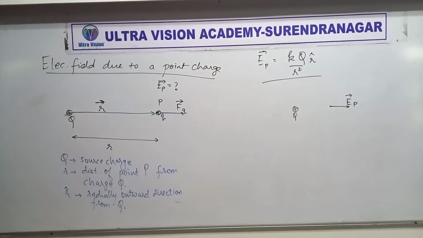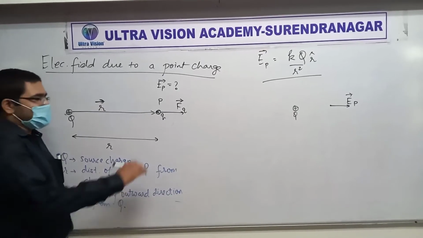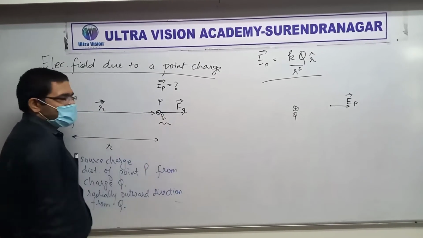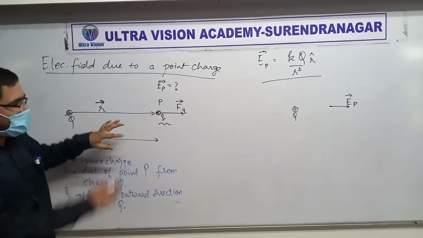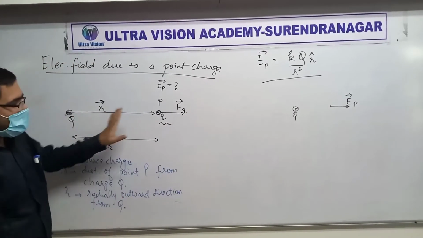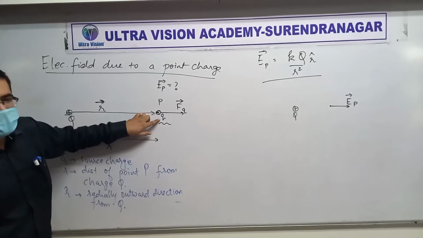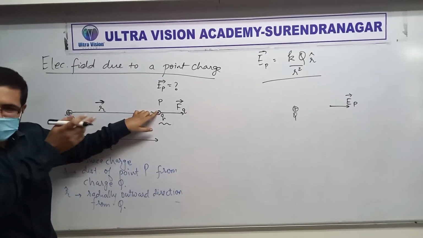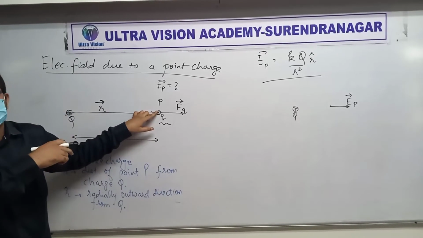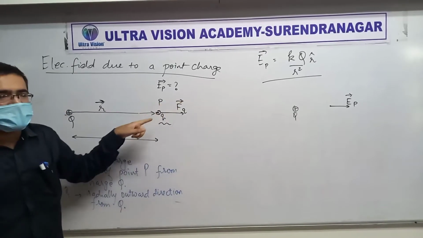I can give you one more explanation. Do you realize that we took test charge positive? So this is a positive charge which is placed inside this electric field. So for a positive charge placed inside electric field, the force and the electric field are in the same direction.